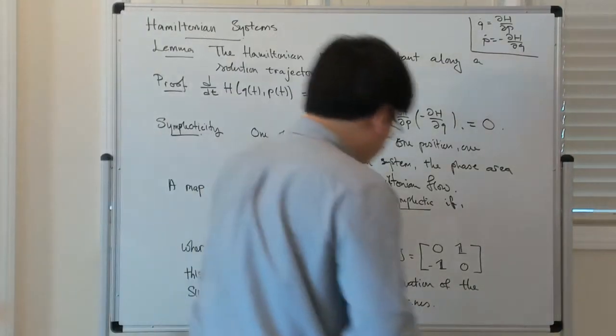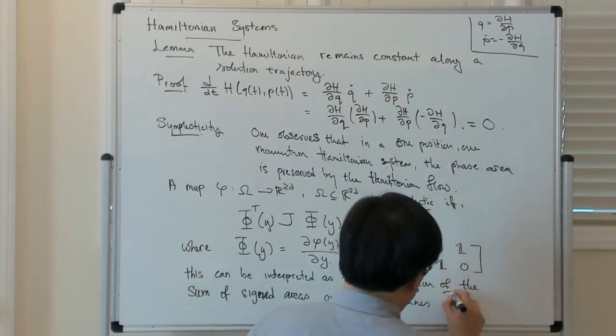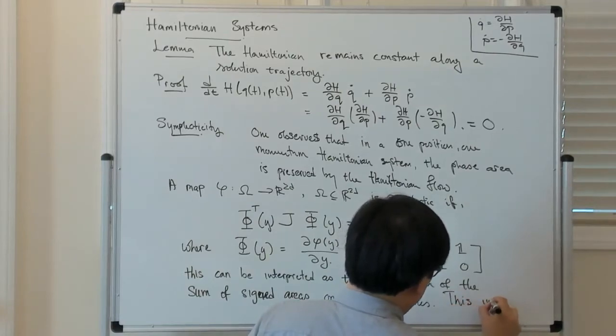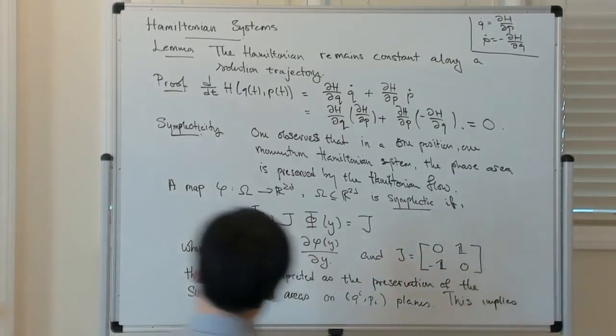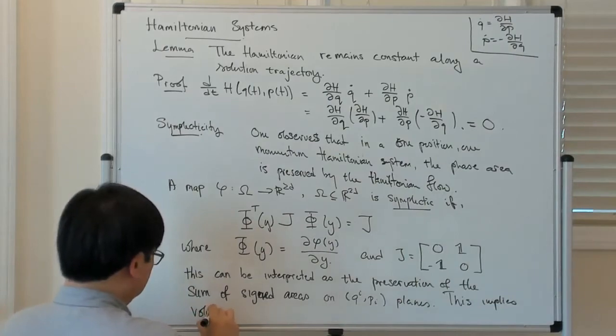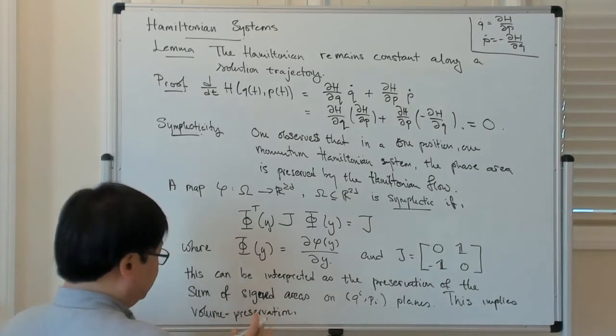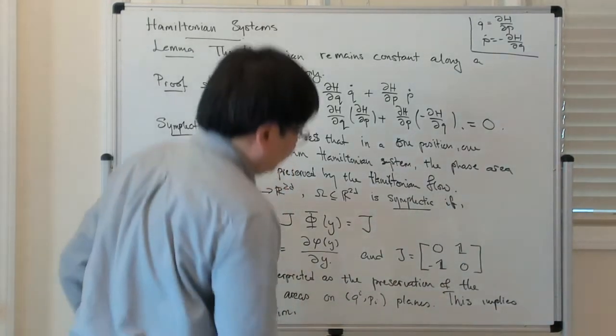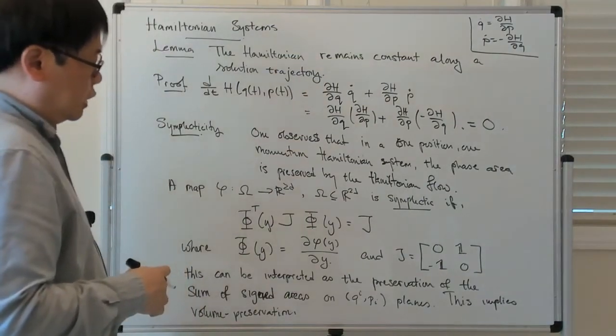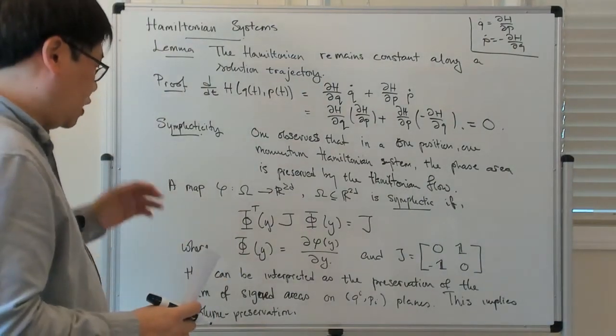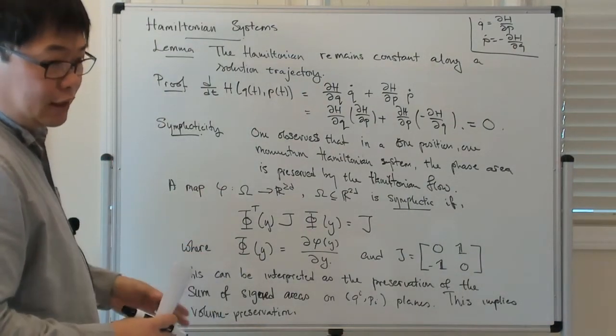So symplecticity implies volume preservation. But in general that's a stronger condition than volume preservation, so there are examples of maps which are not symplectic but which nevertheless preserve volume.